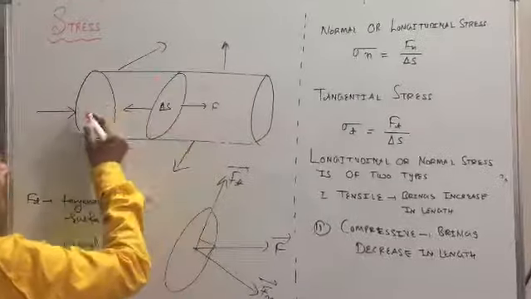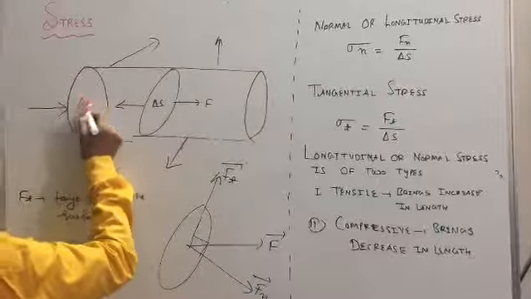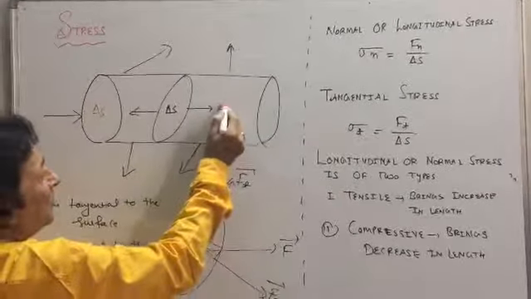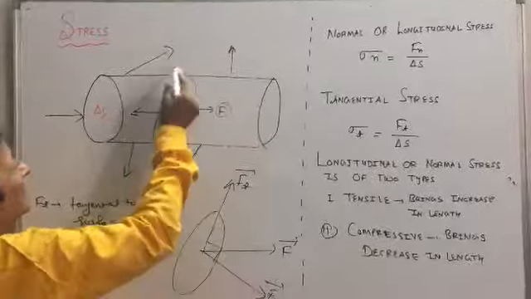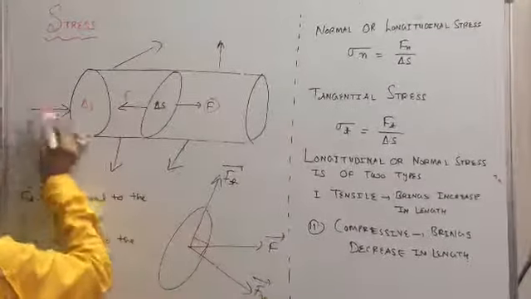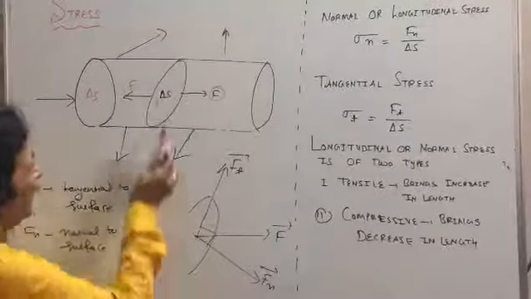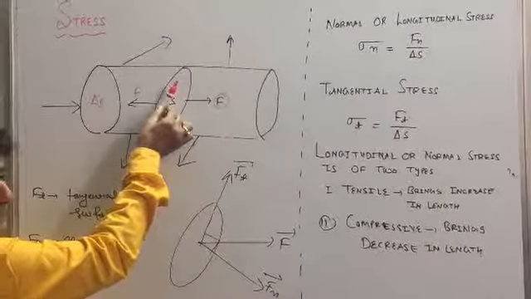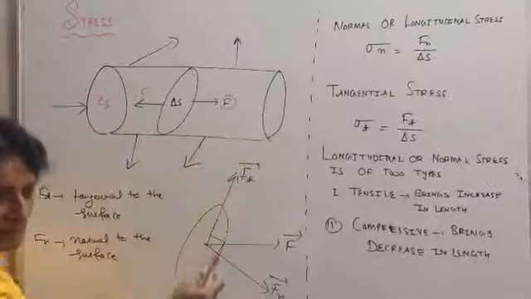This is its area of cross section delta S, which was like this, but on the application of the force, these are the forces which are acting, it's slightly inclined as I'm pulling it.